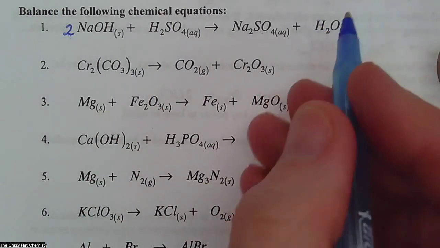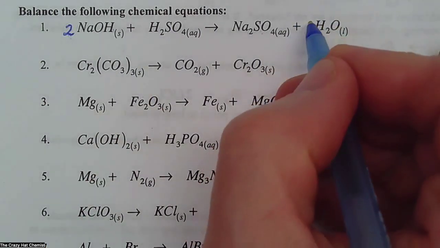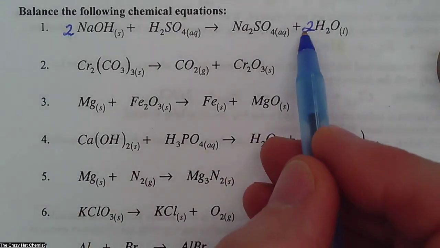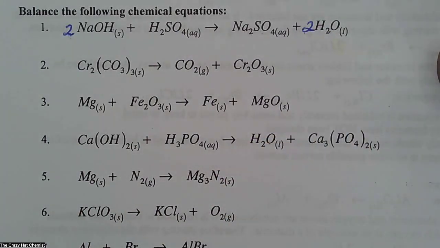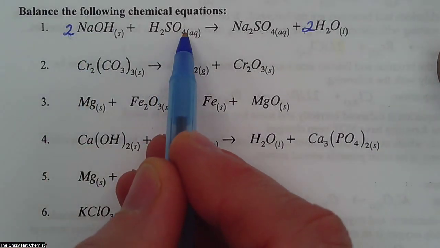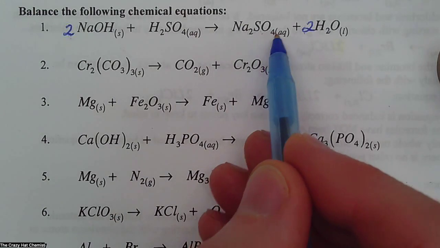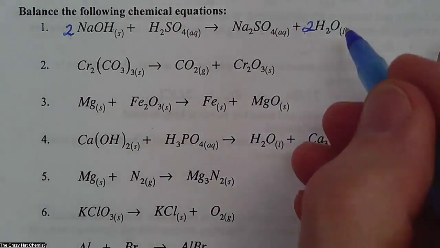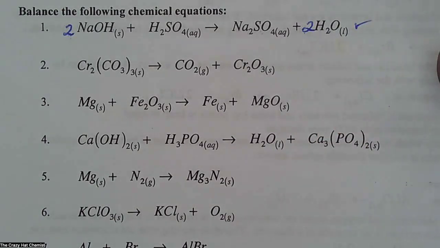And over here, I have only 2. So I'm going to place a 2 in front of that water, and that will balance the hydrogens at 4. Now I'm going to check the oxygens. 2 times 1, that's 2 oxygens, plus 4, that's 6. 4 plus 2 times 1, that's 6. So that equation is balanced. Check. We're done with that one.